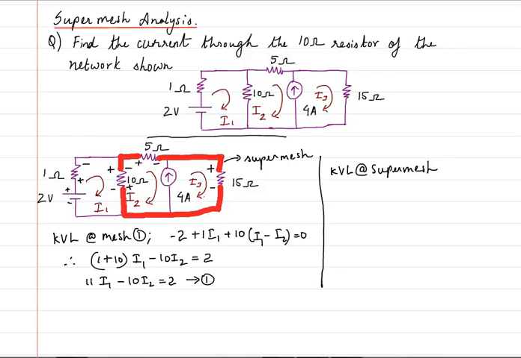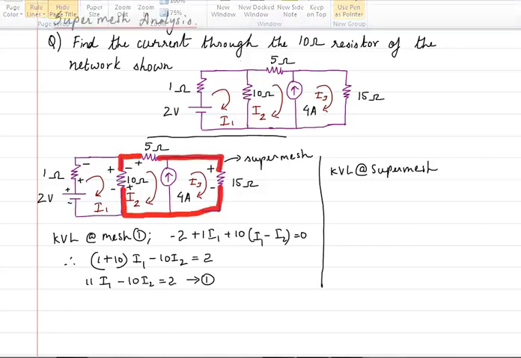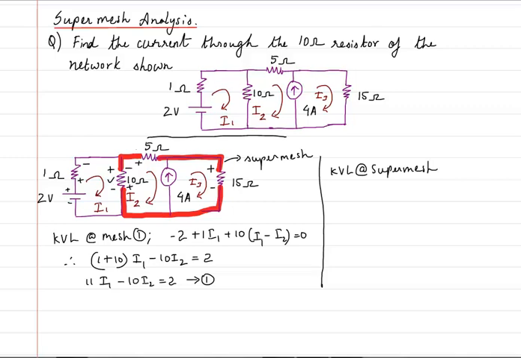Now I am not going to change the current. The current is going to be I2 and I3 itself. For these two resistances, it's the current I2 that is flowing, and for this resistance it's the current I3 that is flowing. So even if I draw a supermesh, I am not going to write a new current.